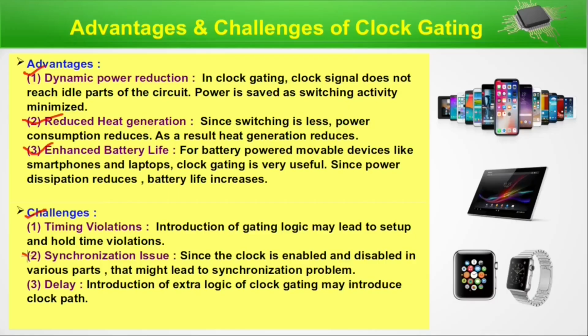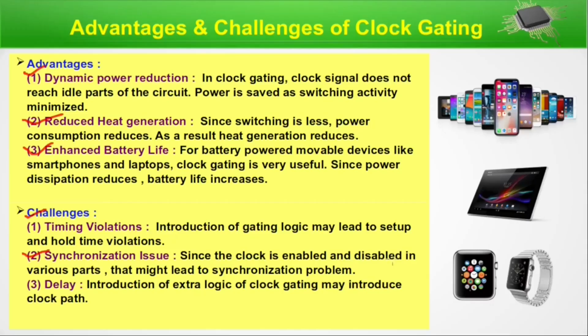And now synchronization issue. There are multiple parts and we have a constraint of power. So in some part the clock signal will be there, some part will work at a certain point of time, then another part. This synchronization should be taken care of well, otherwise a mismatch might occur.